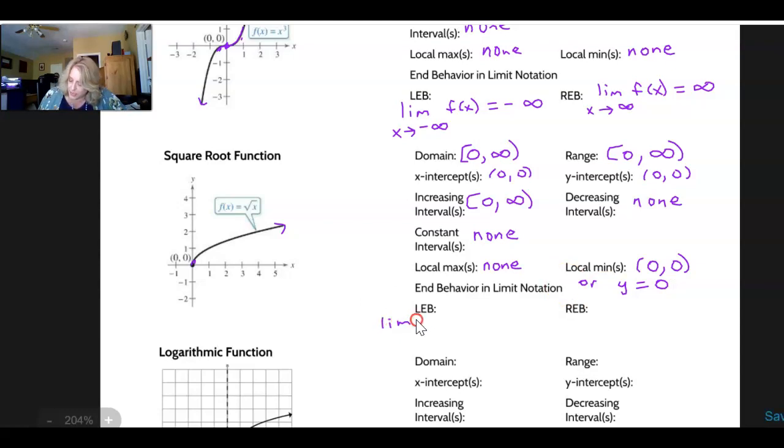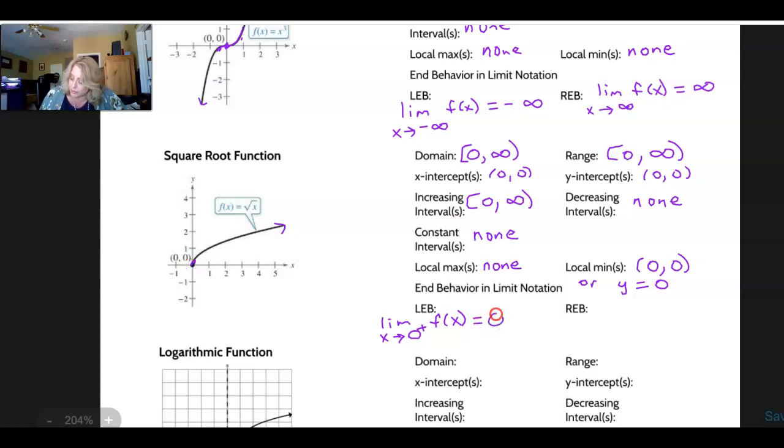And then the limit as x approaches. Now this is different because what is the lowest value x can be? Well, the lowest value it can be is 0, and it's approaching that 0 from the right. So we would write a little plus symbol almost like an exponent, okay? And so the limit as x approaches 0 from the right of this function. So we're saying what's happening to the y value as we go towards 0? What value is it approaching?